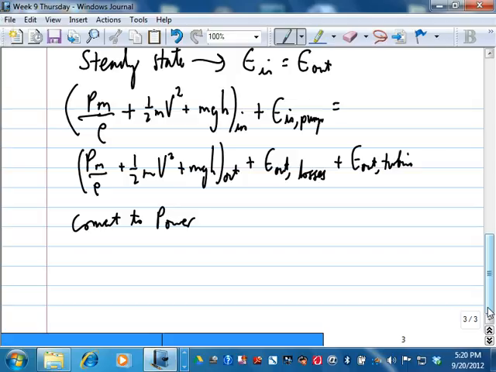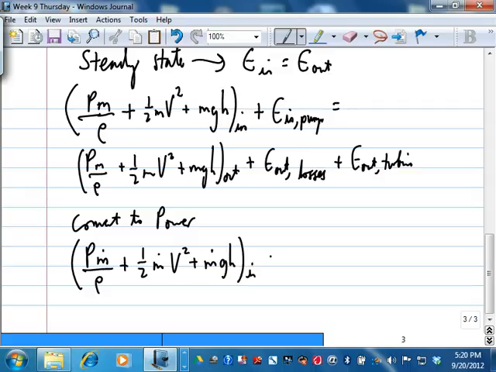If I take the time derivative of this, it will look like this: m dot over rho plus half m dot v squared plus m dot g h in, plus power in due to the pump, which we write as E dot, plus the same as before.